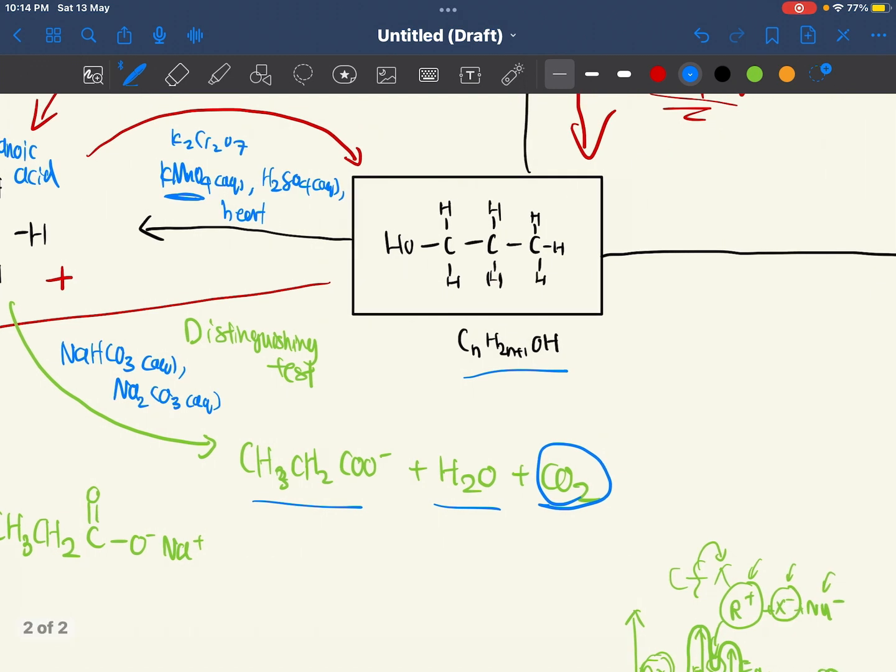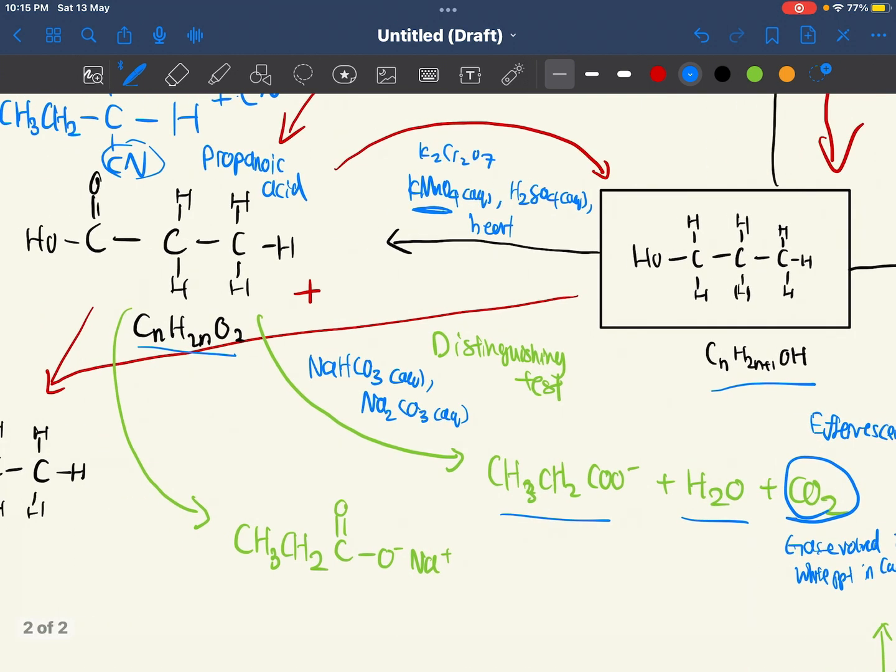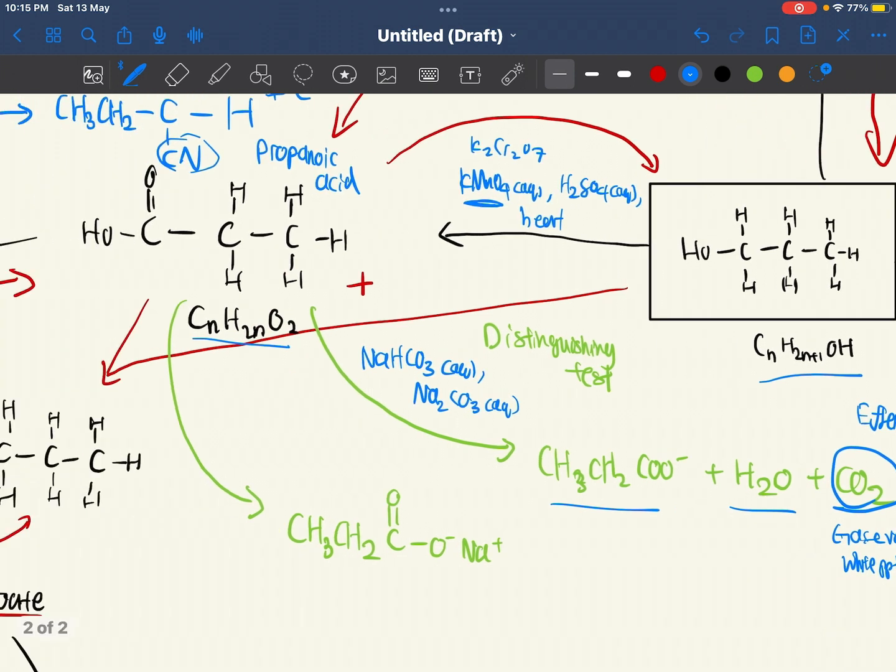So the way to test is that you will see effervescence, and the gas evolved forms a white ppt in lime water, which is calcium hydroxide. Please write out Ca(OH)2. Okay, so with that, we're done with the distinguishing test.